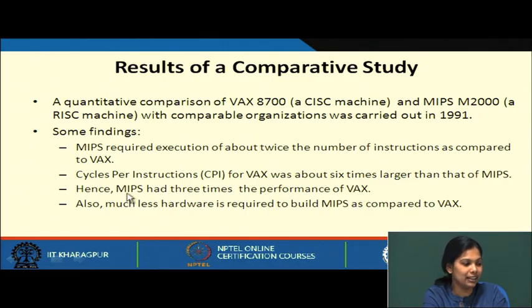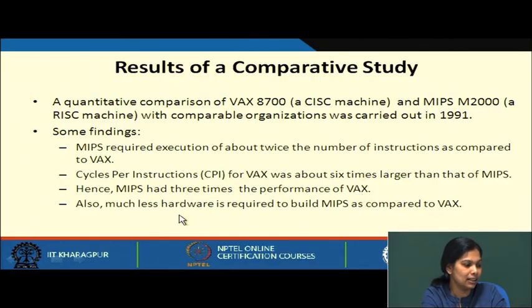So, cycles per instruction was about 6 times larger for VAX. That is why, although MIPS was taking more instructions, they were simpler instructions, and MIPS had 3 times the performance of VAX.